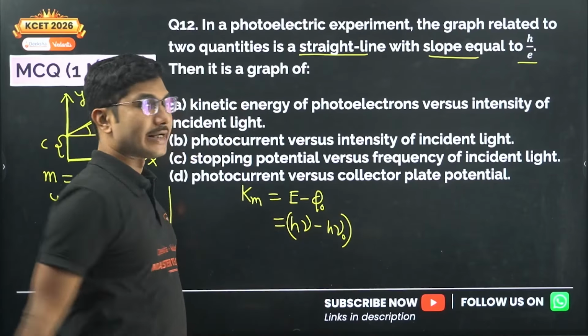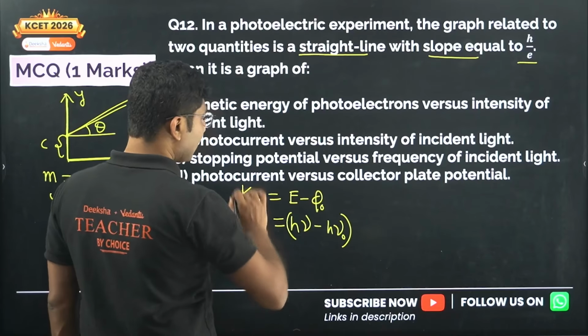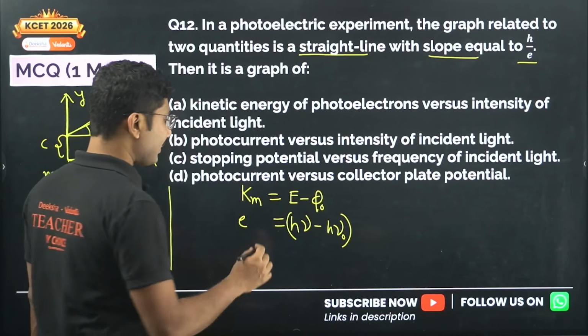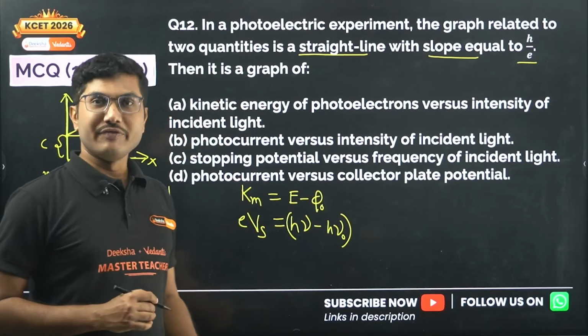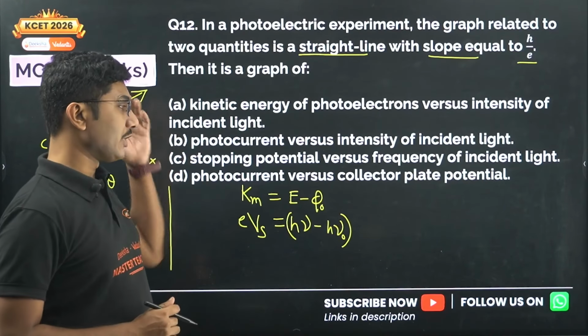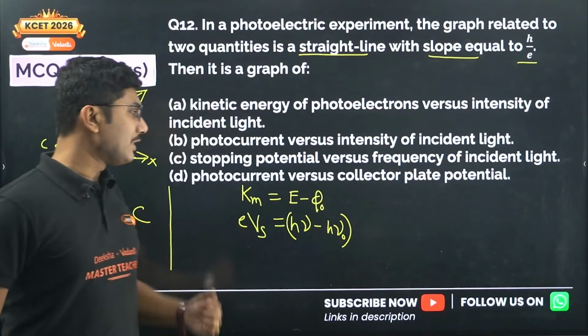So this is the equation on the right hand side. What about on the left hand side? On the left hand side, we know that the maximum kinetic energy can be expressed as e into Vs. What is Vs? Vs is the stopping potential. So now you have to find a quantity with slope h upon e.